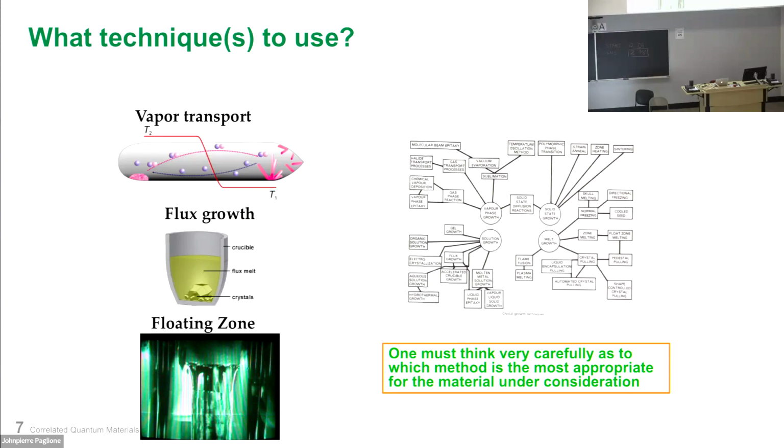But you have to really think about what you're trying to grow and what's available in the literature. The literature can also give you some ideas about what might work. You can look at papers from the 70s or 60s and sometimes get a good idea of how to grow it. But that's one of the first questions that you have to answer once you've decided on what material you want to grow.